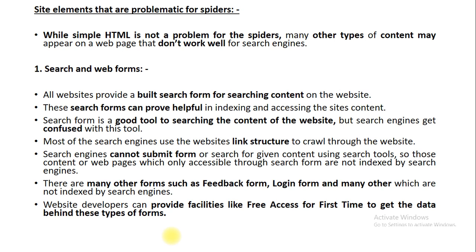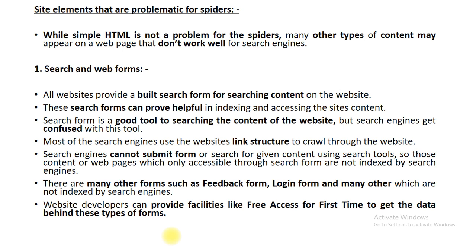For that you need to provide a website linking structure, so that from the linking structure the spider can find all the pages you have developed within the website and crawl them. But certain forms are there which, until you have submitted that kind of form, you will not get access to the other pages behind that particular form.